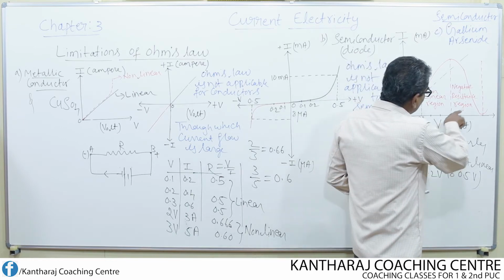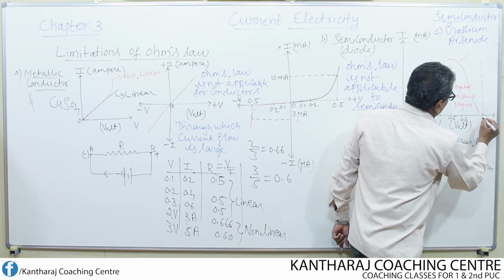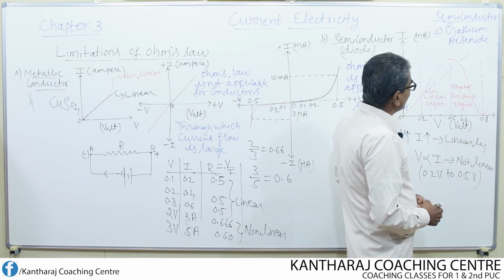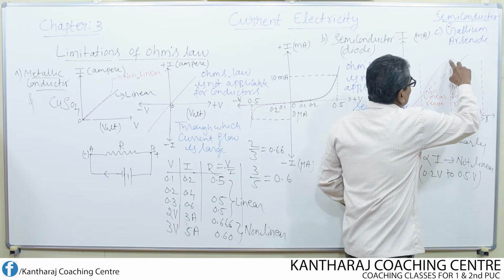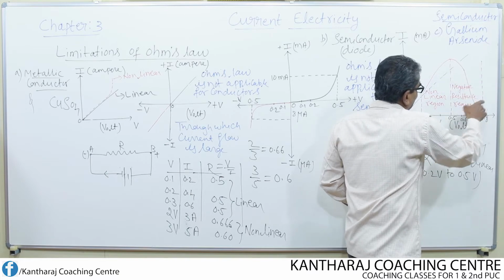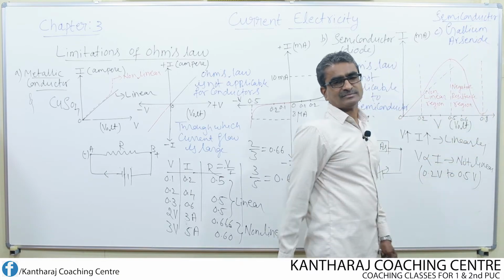What happens now? I increase the voltage further 0.5, 0.6, 0.7, say for example up to 0.8 volt. Then what happens now on increasing the voltage? Look here, the graph is coming down like this. That means it indicates that as we increase the voltage, current slowly decreases.